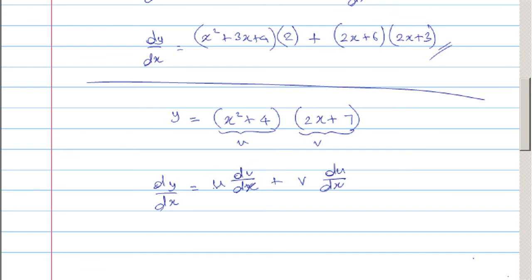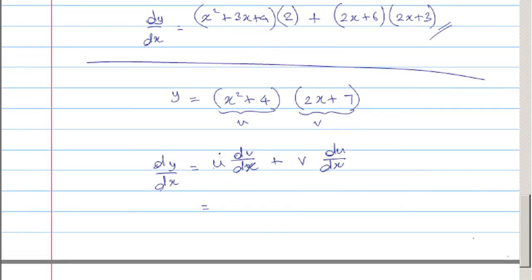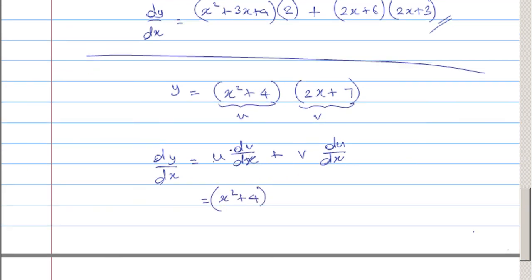So that's the first function times the derivative of the second plus the second times the derivative of the first. So first of all, the first function u is equal to x squared plus 4. So I have x squared plus 4 times dv over dx. So the derivative of this part is equal to 2.